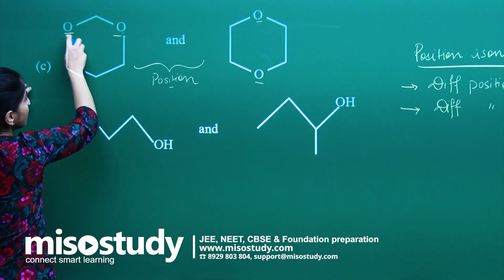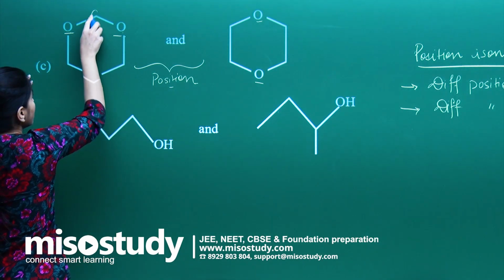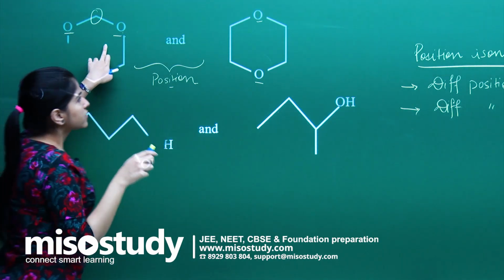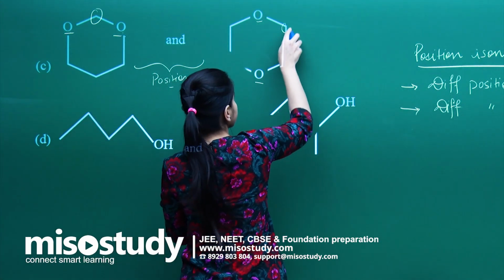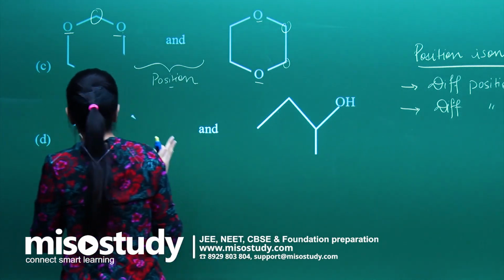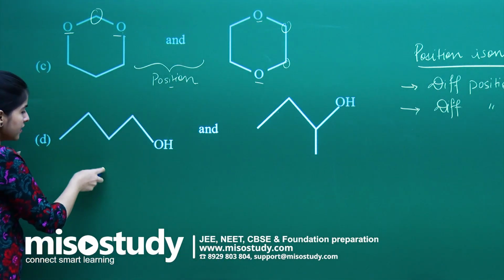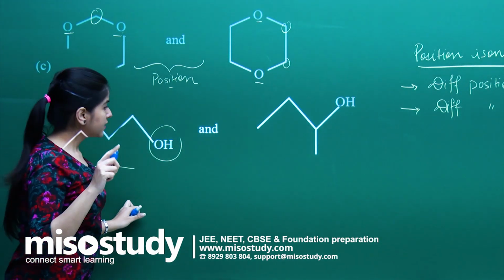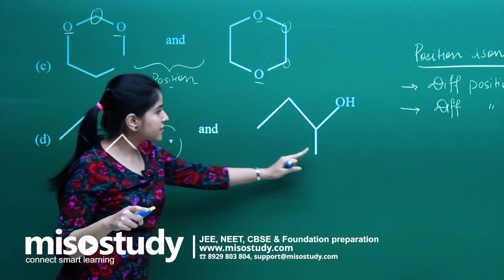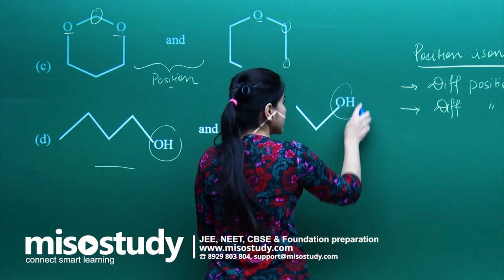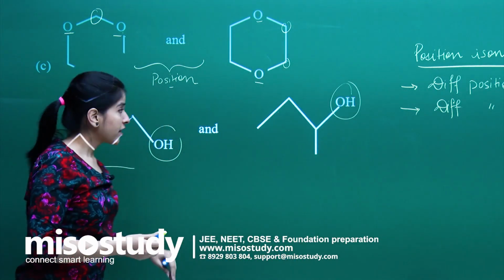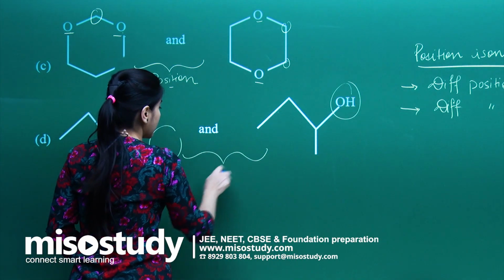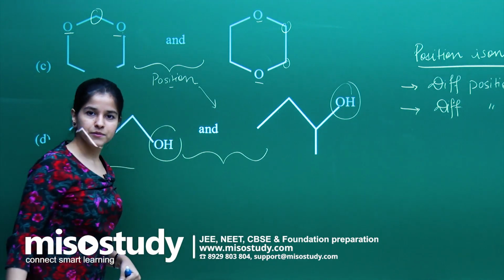Why? Because over here there was only one carbon atom between the oxygens, here I have got two carbon atoms, but still the molecular formula is same. Now just like the carboxylic acid one, we have got OH here and now the position of the OH has been changed, but still the molecular formula is same. So again this is position isomer.